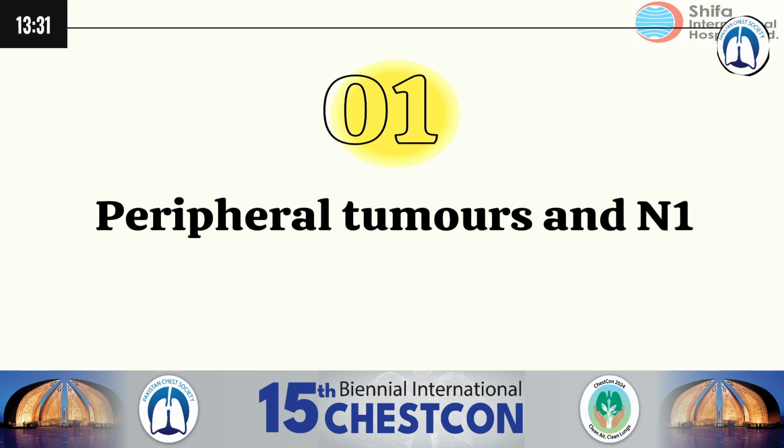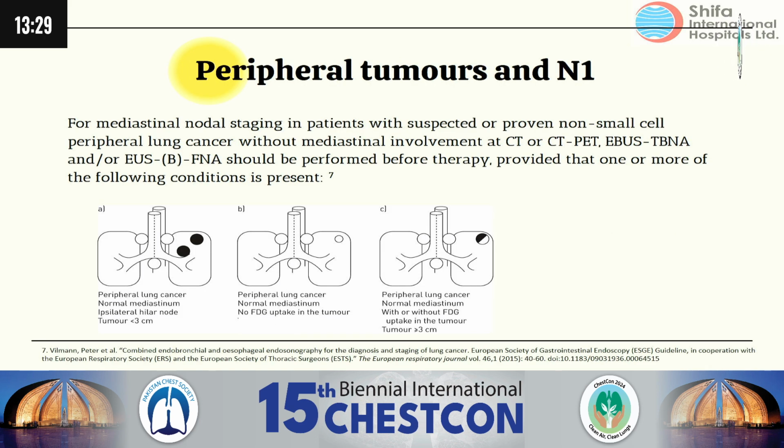So in terms of peripheral tumors, the current guidelines suggest that for all the suspected or proven non-small cell lung cancer that do not have any mediastinal involvement on CT or PET-CT, they should have EBUS TBNA performed if there are one of these three conditions: that there is a peripheral tumor which is less than 3 centimeter, and there is ipsilateral hilar node.